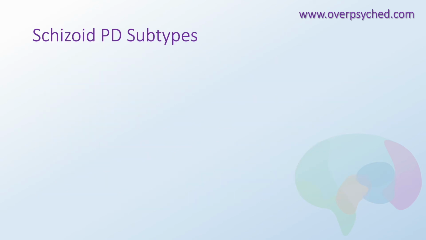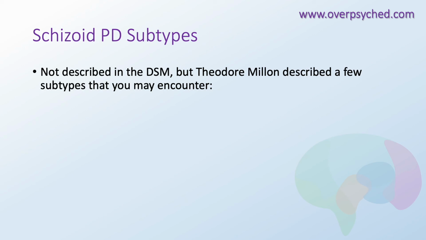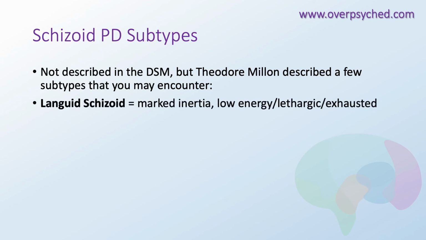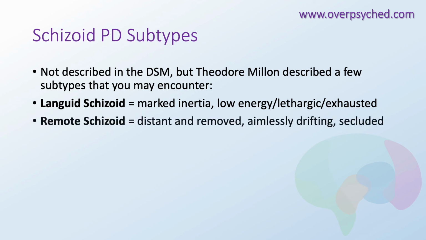Now, these subtypes are not described in the DSM, but Theodore Millon described a few subtypes that you may encounter. First is languid schizoid. This is characterized by marked inertia, low energy, lethargic, or exhausted. Then there is remote schizoid. This is distant and removed, aimlessly drifting or secluded.